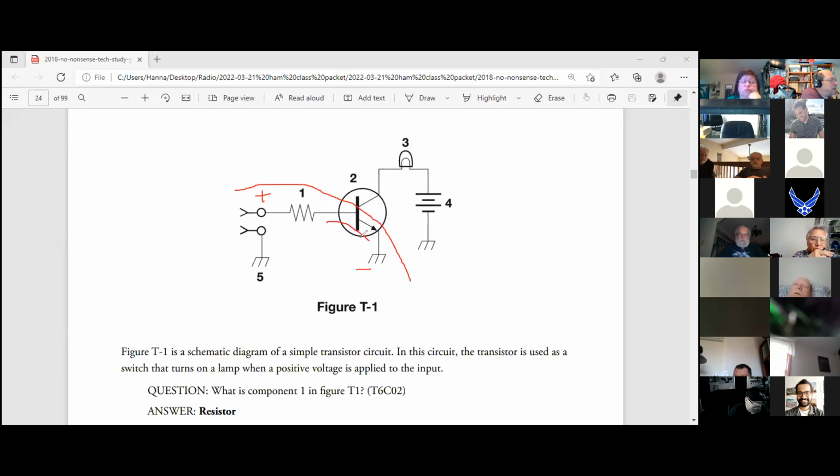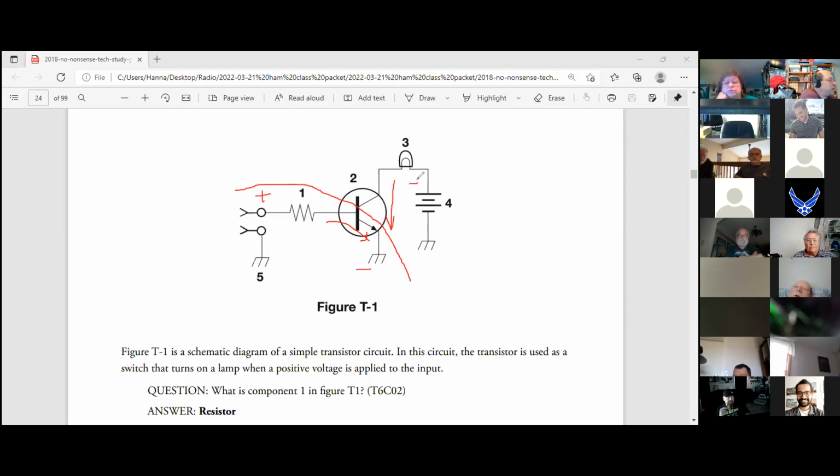Remember, a diode, if it's pointed in the same direction as the voltage, it's going to turn on. So what happens is if the voltage is positive coming in, device number 1 is a resistor, so it limits the amount of current that flows. It turns the transistor on. And then once the transistor is on, this channel from top to bottom becomes open.